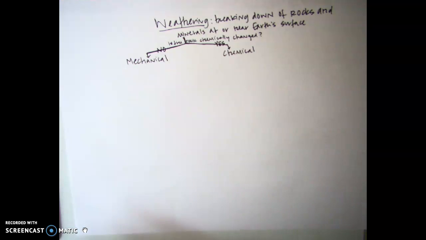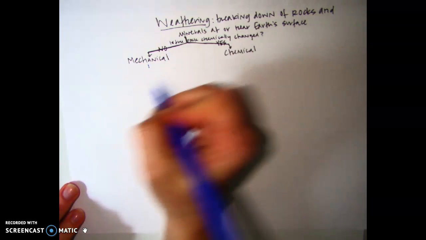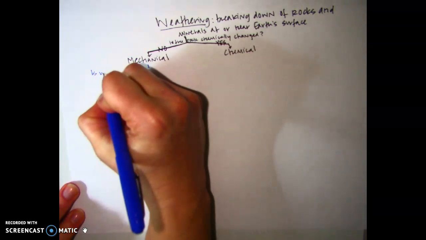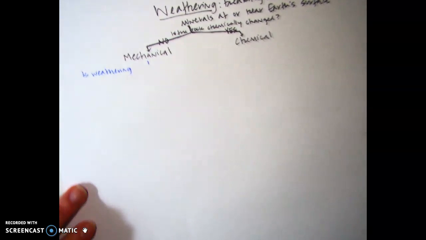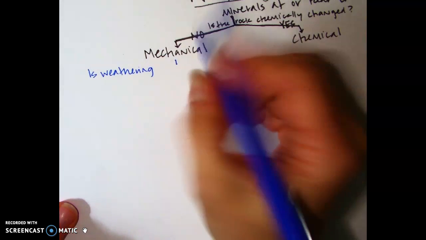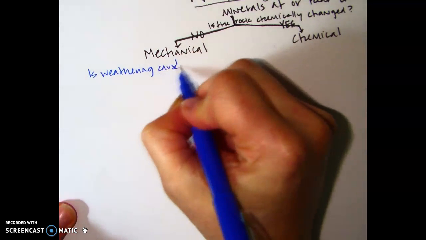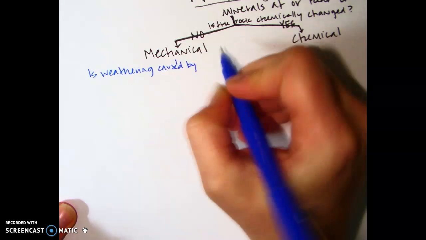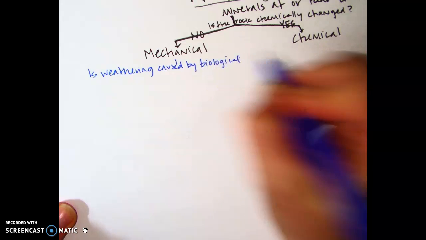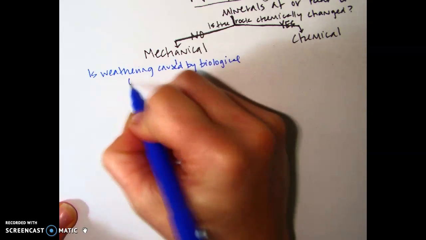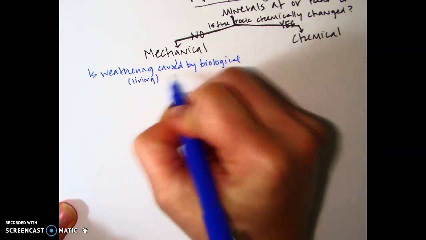So today we're going to focus on mechanical weathering. And for mechanical weathering, we can ask the question: is the weathering caused by biological, we know that bio means what? Yep, living activity.